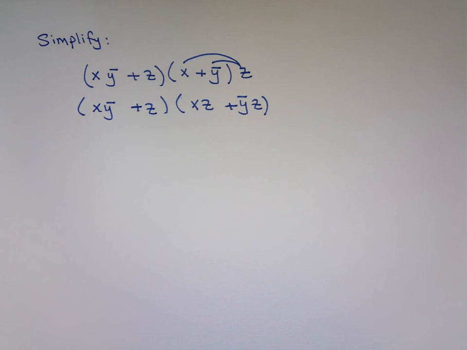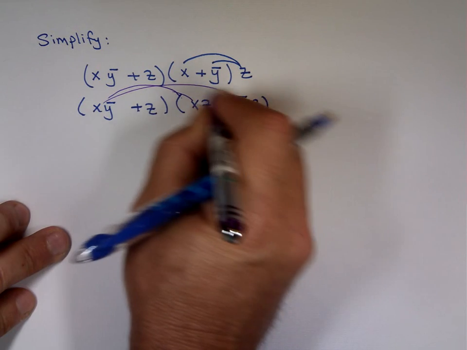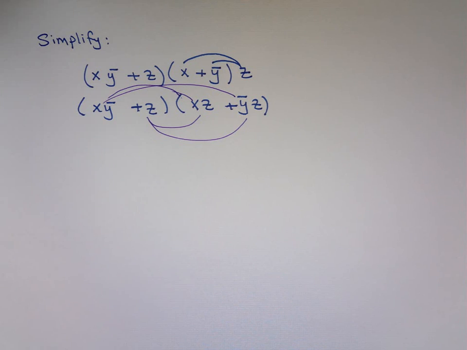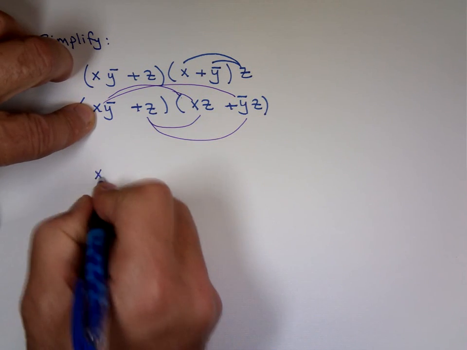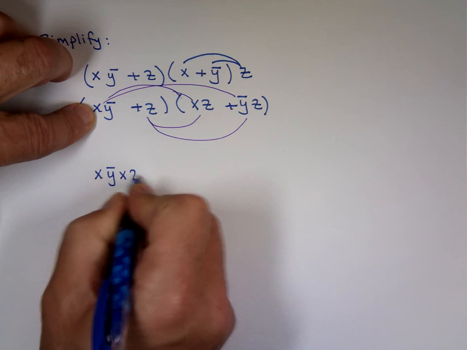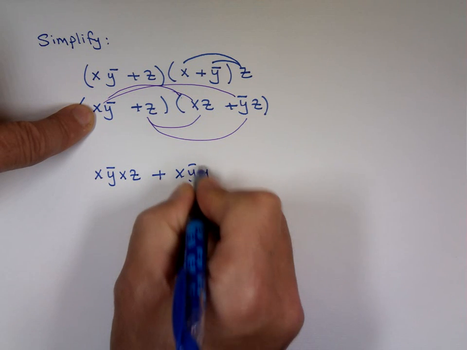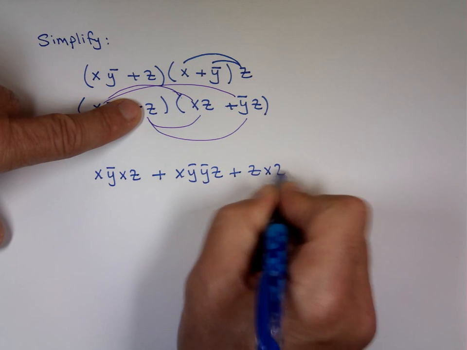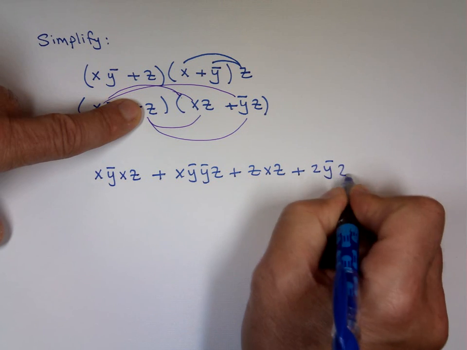Now we're going to use the FOIL method. The FOIL says you multiply this times this, this times that, and so on. X y bar, xz, plus x y bar z, plus z x z, z y bar z.